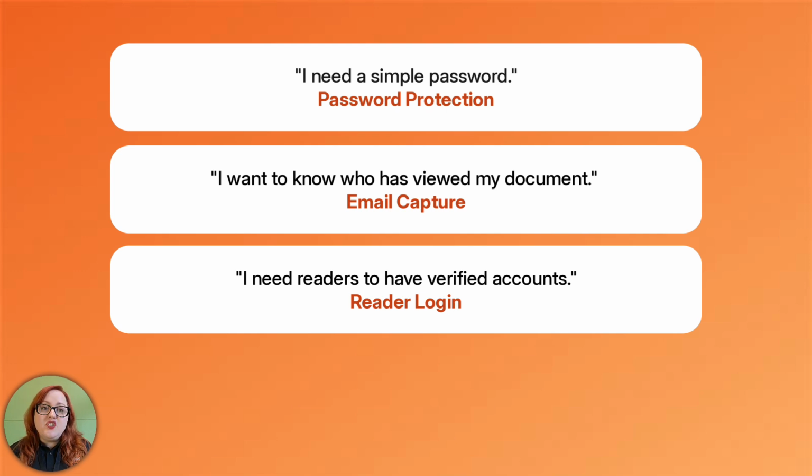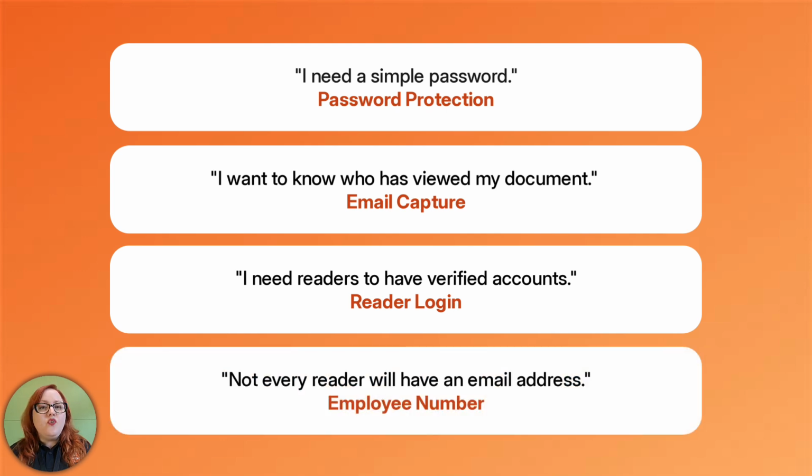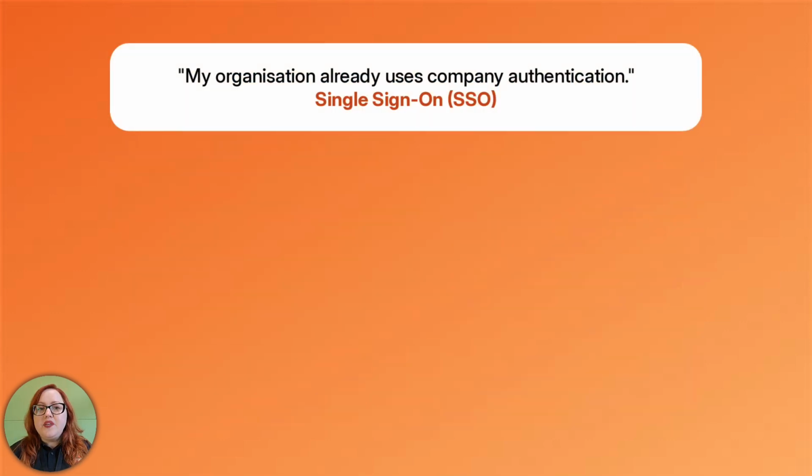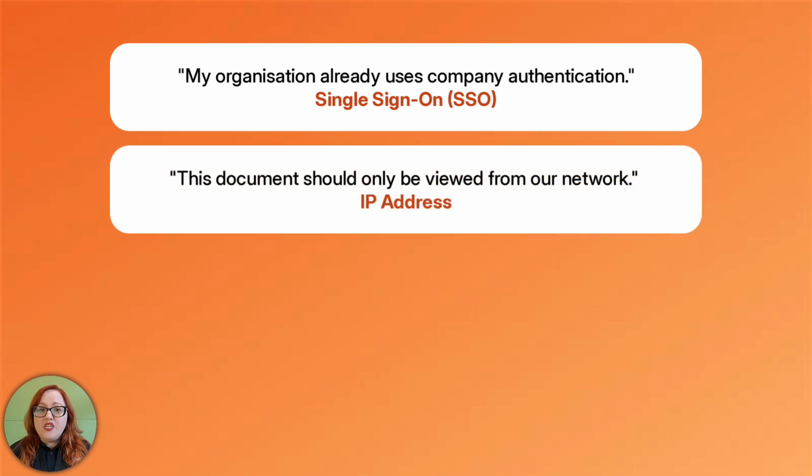Access can then be managed based on email or email domain. If your organization already uses employee numbers or unique identifiers, employee number allows readers to identify themselves before accessing content. Single sign-on provides a seamless experience using your organization's existing login system. IP address restrictions limit access to specific networks or locations.